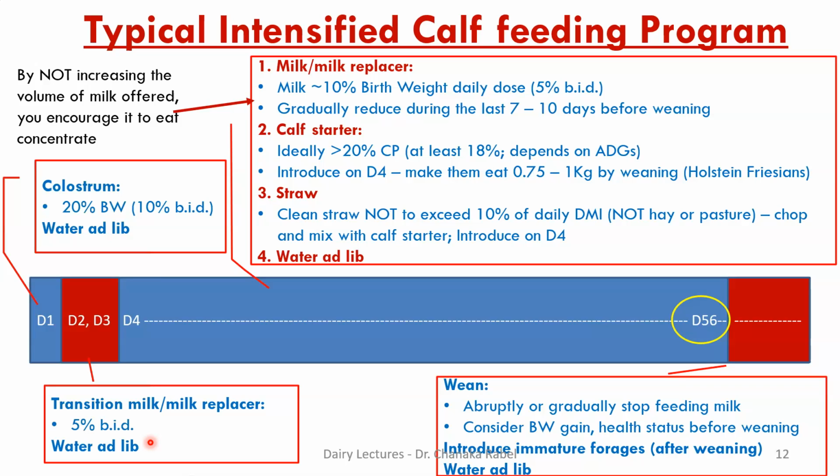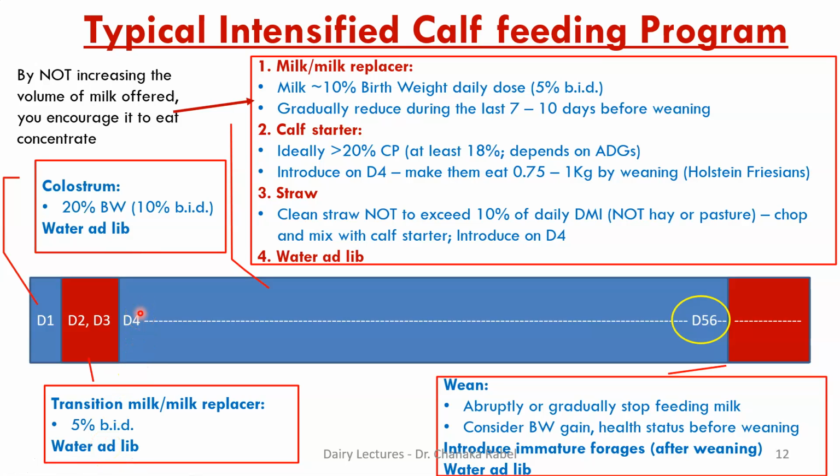But even though the calf gets up and walks, just remember that this is still a very young, immature, delicate baby, infant, and you need to take maximum care of it, minimize stresses, and all that good stuff. Okay, so on day 1, colostrum and milk. On day 2 to 3, transition milk and water.